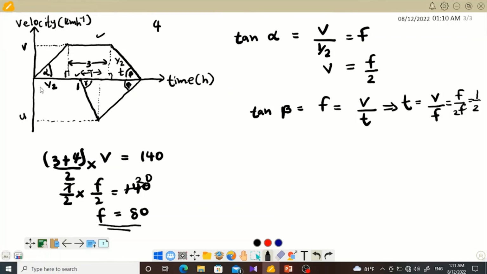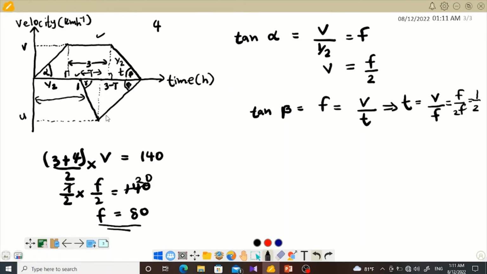So this gap shows us the 1 hour. Then the other gap, this side of this triangle, shows the 3 hours, and we say this gap is capital T. Then I can write this gap as 3 minus T, because this side must be equal to the value 3. So I am going to find the value for this T.